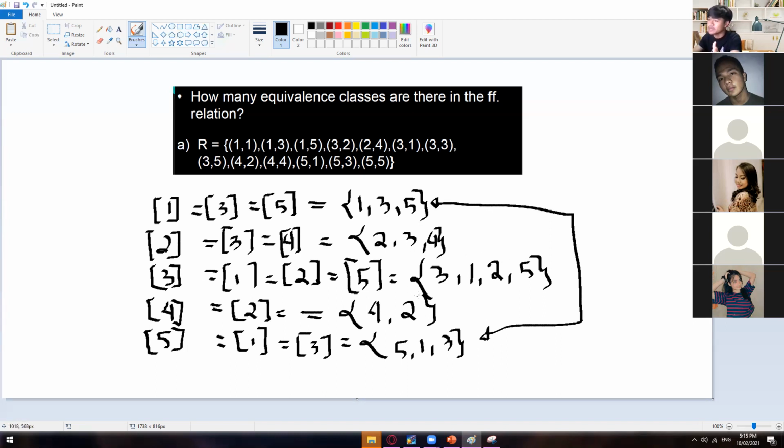Since we are talking about sets, we can eliminate the similar elements. So this counts as one class only. So we have a total of 4 classes.